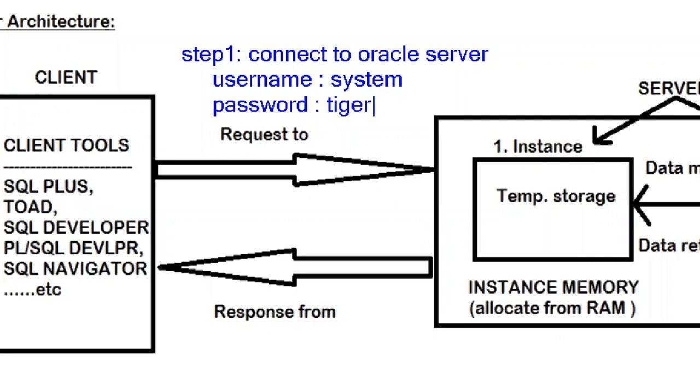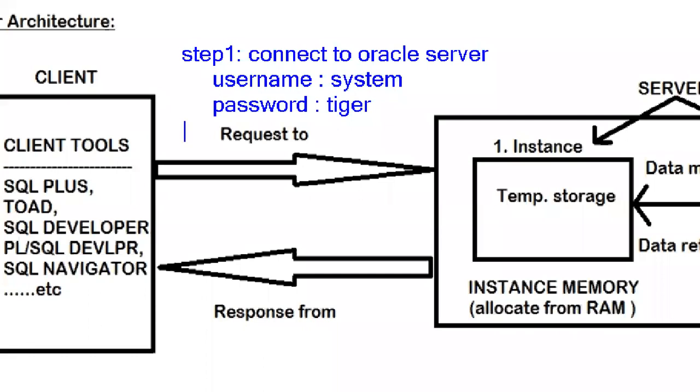The installation level. It asks you to enter a password and confirm the password, and whatever password you gave there should be used here, along with the System user only, not other users. So with this username and password, in my first level, I'm connecting to the server.